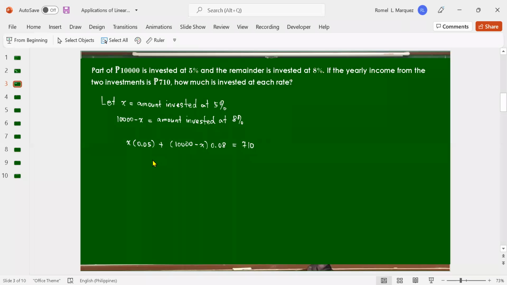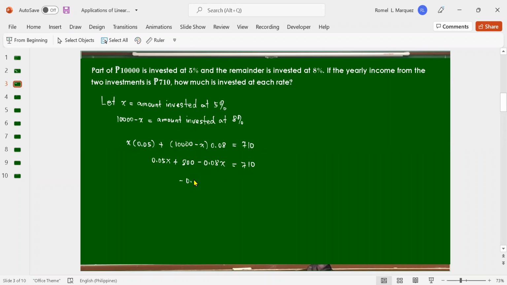Okay? So 0.05x plus, what is 0.08 times 10,000? Is it 800? And then minus 0.08x. And that is equal to 710. Okay?